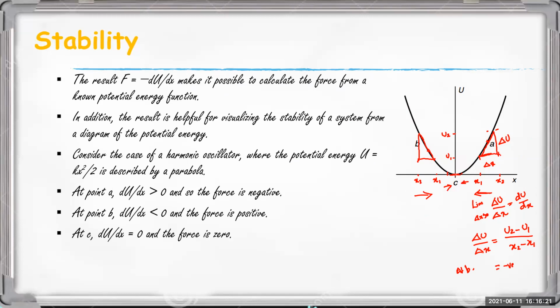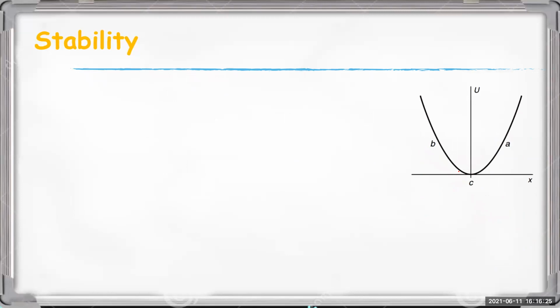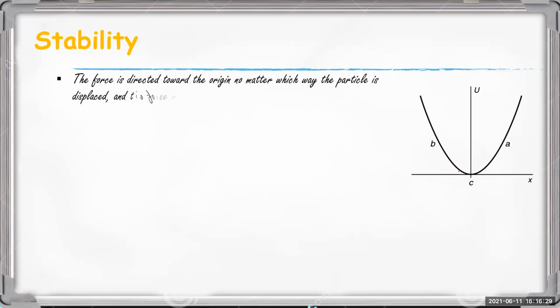Then at this point, it is at the origin. So we can say that the force is directed towards the origin, whichever way the particle is displaced, and the force vanishes only when the particle is at the origin.